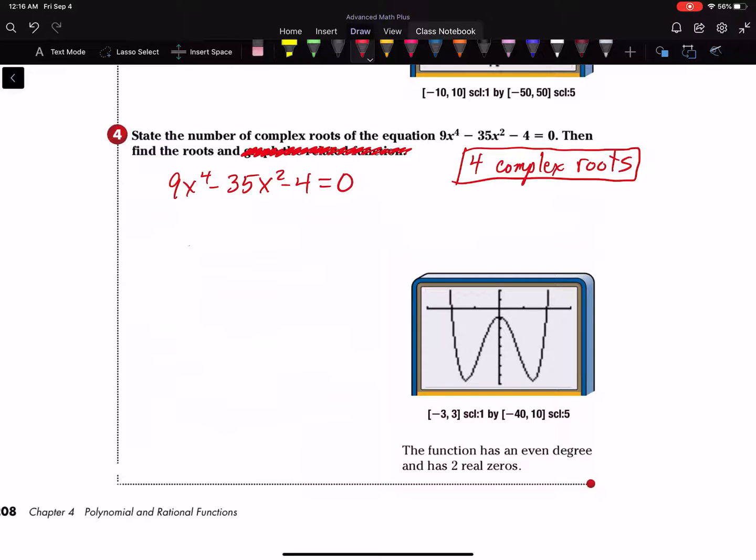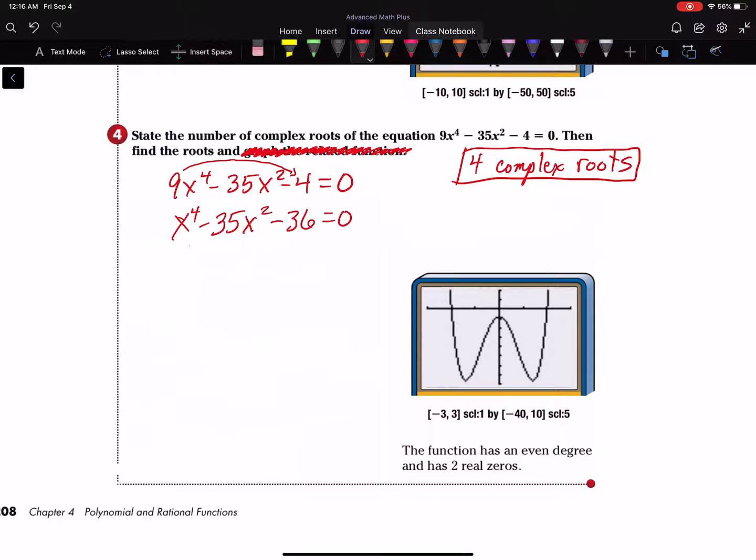There's not one. So what I do is I borrow. I don't know how your teacher taught you, but I borrow the 9. And we're going to take this 9 and we're going to move it over to negative 4. So now it becomes x to the 4th minus 35x squared minus 36 equals 0.